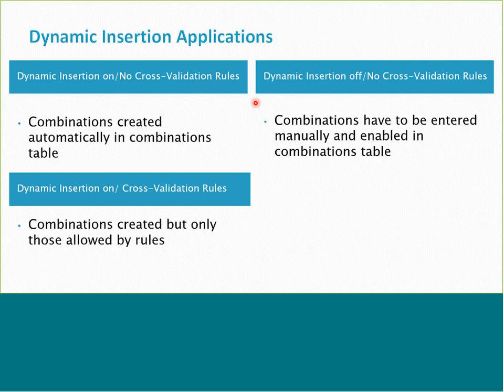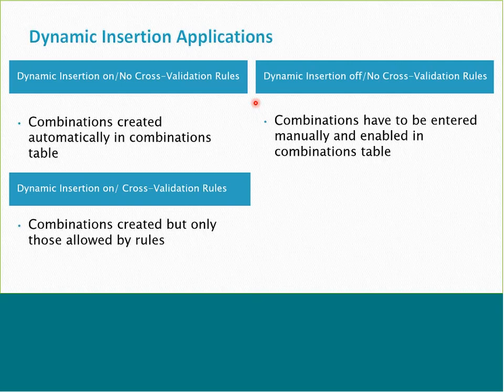But if there are too many combinations to be managed manually, then you define cross-validation rules which prevent invalid combinations from being used. So this page is a summary basically of what I have just said.